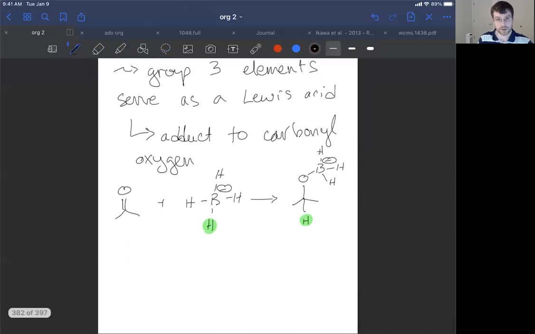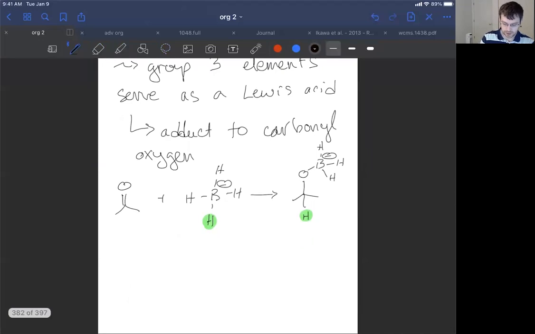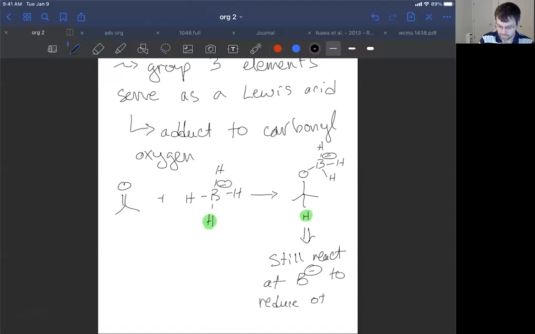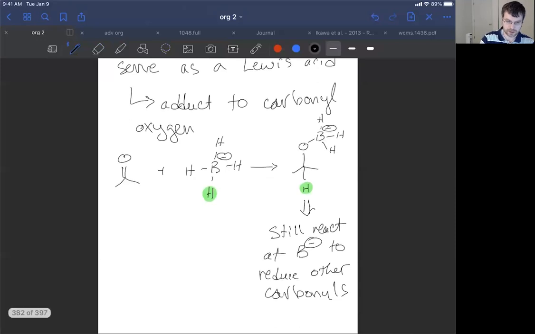Now, it's important to note that this boron with a negative charge can actually still react to reduce other carbonyls.